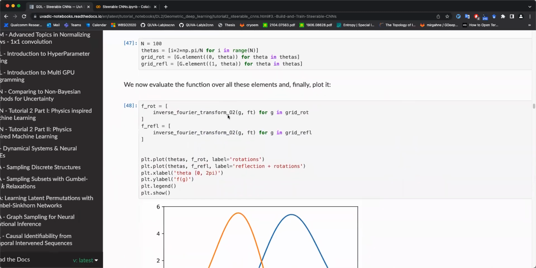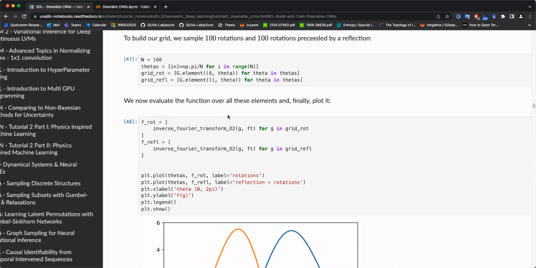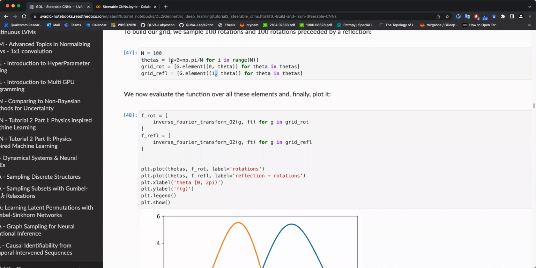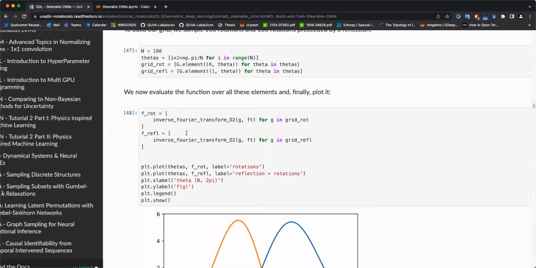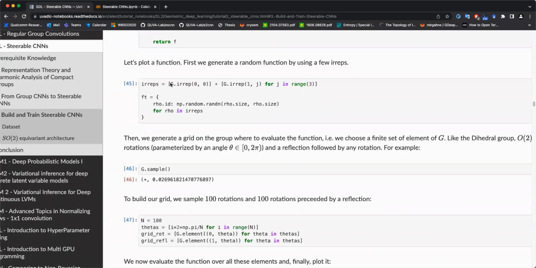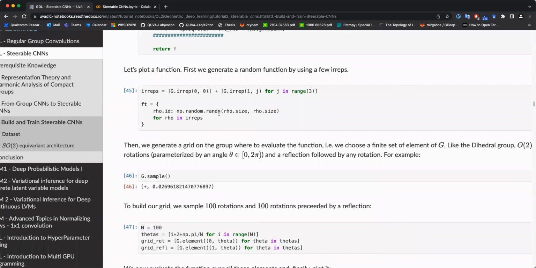We can try to plot this and verify that all of this makes sense. So what we do now is discretize this group with only 100 rotations, just to be able to plot it. So that includes essentially 100 rotations and 100 rotations and reflections. And we take a random function. I generated a random function in the Fourier domain.